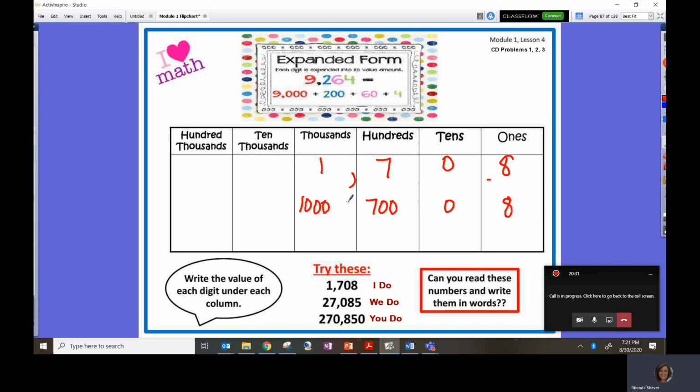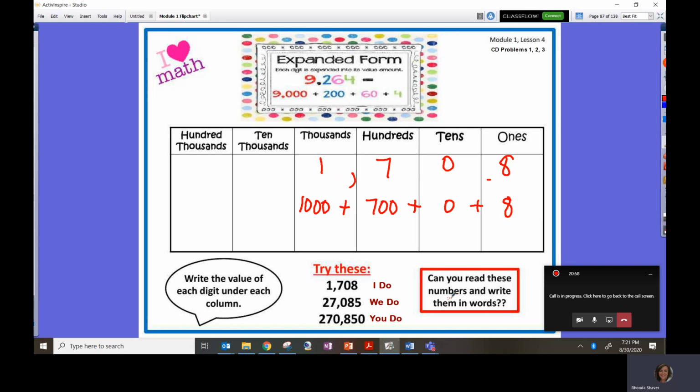So now all we have to do to get our expanded form is add our plus symbol in between each place value. So my expanded form is 1000 plus 700 plus 0 plus 8. So I could leave that 0 out because 0 and 8 we know equals 8.